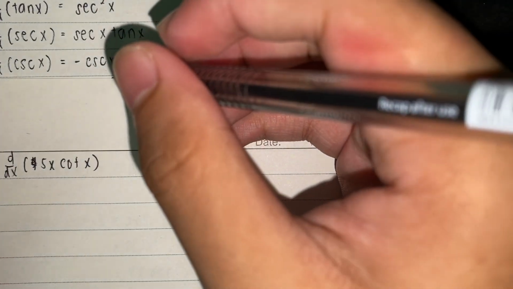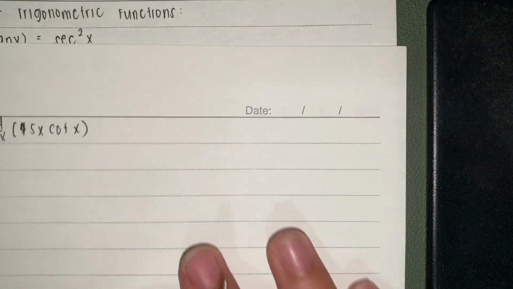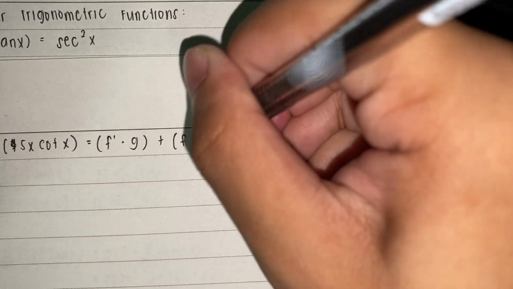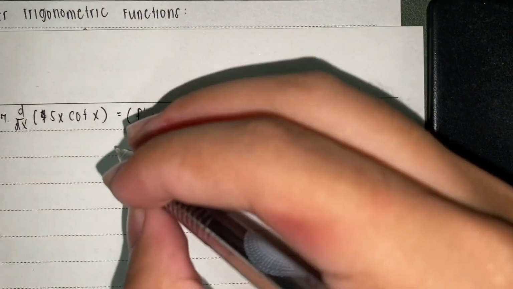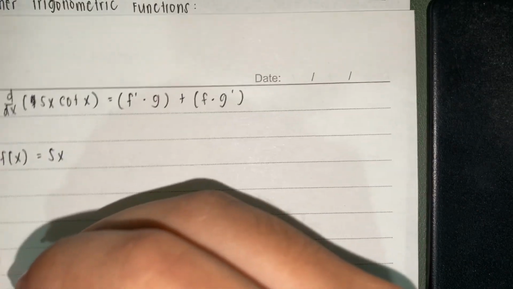So we're going to be using the product rule for this one, where it states that f prime times g plus f times g prime. So our first function is going to be equal to 5x. Now using the constant multiple rule, again f prime of x is going to be equal to 5 invisible 1, 1x raised to 1 minus 1.